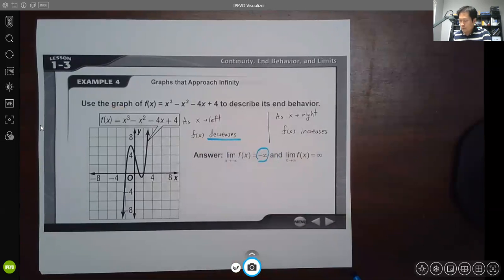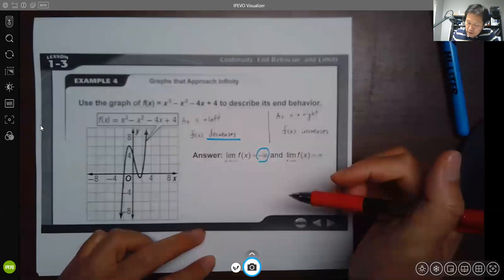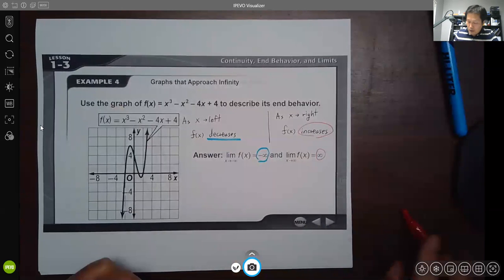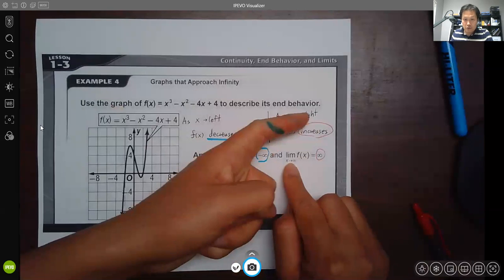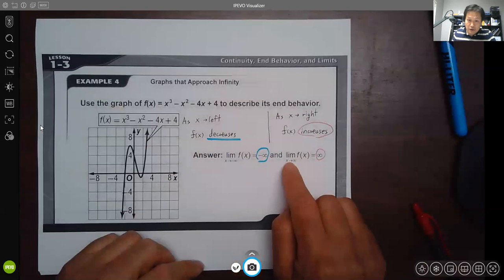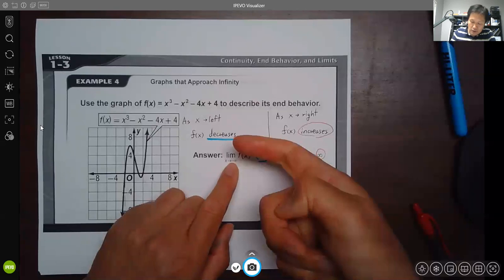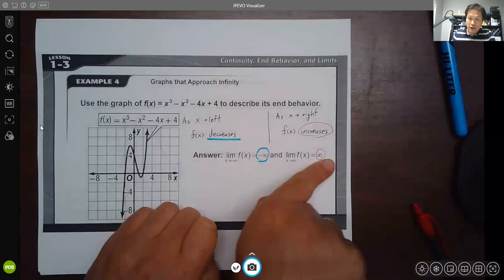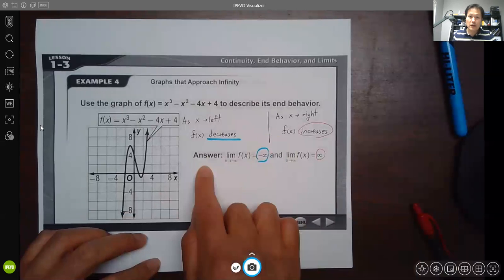And f of x increases becomes positive infinity. And that's a fancy way of saying x approaches the right. x approaches the right means x approaches infinity. Minus infinity means x goes to the left, positive infinity means x goes to the right. Okay, this is a statement you should be able to write as end behavior.